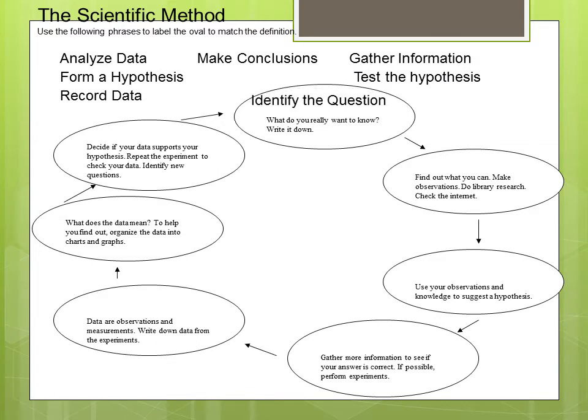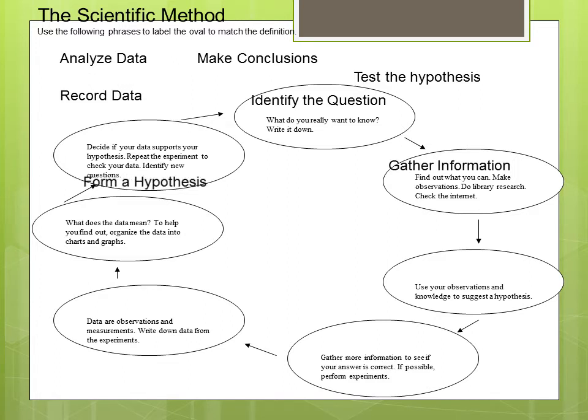The next step is to do a little bit of research first, because there's people before you that have done the research, that have done experiments, and they were able to get a conclusion from their work. So sometimes you can save time by doing a little research and gathering information. The next step is then, once you've done your research and you have a little more knowledge, you form a hypothesis.